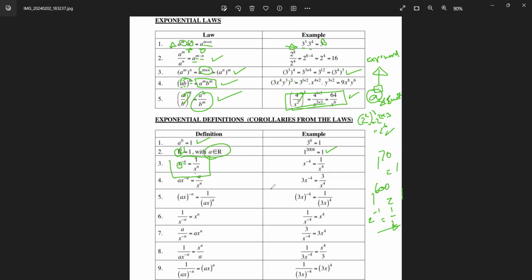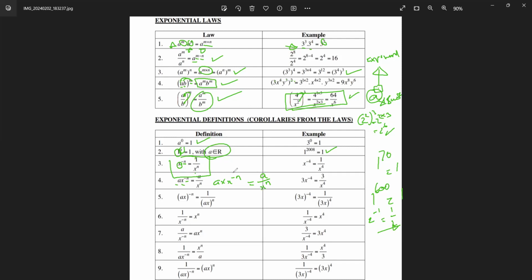So the other thing is we got a base and x to the exponent negative n. Remember, a multiplied by x to the exponent of negative n is always equal to a at the numerator, divided by x to the exponent of n.